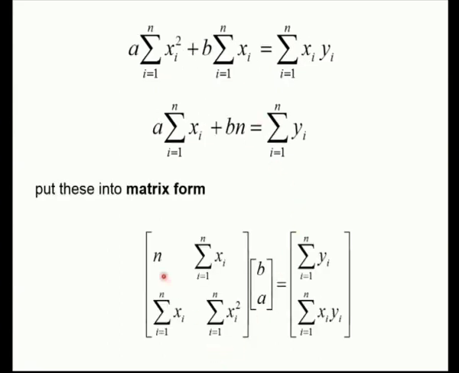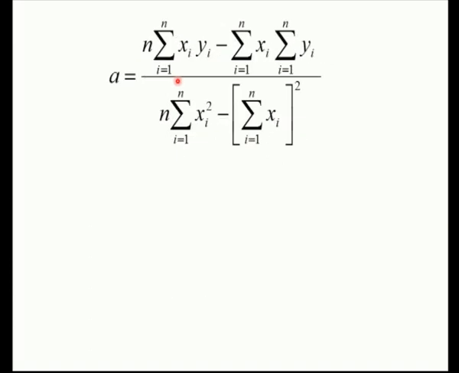So, basically you are computing the determinant of that, and you are computing the inverse and multiplying. So, you have a in terms of all known terms: n times summation xi yi, you are getting xi yi for n pairs of values, so you can compute xi yi and add it, that will be this term.